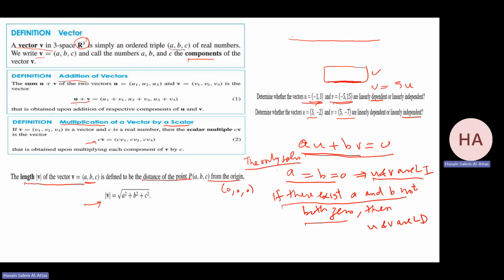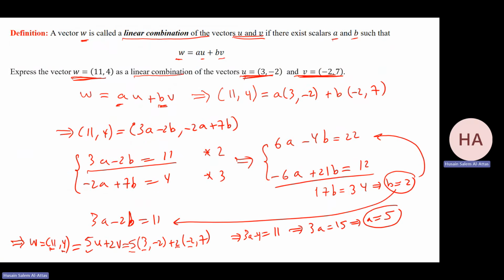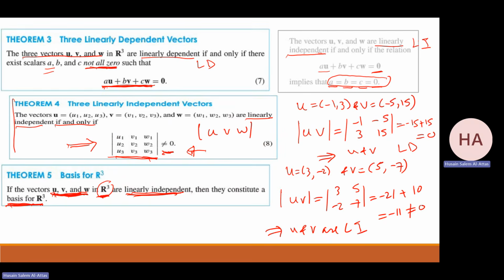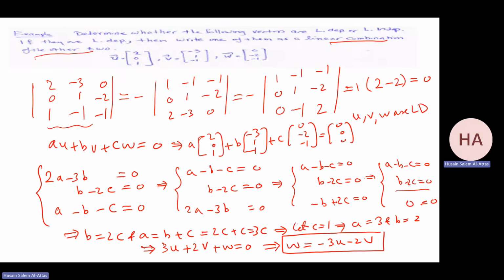And also we define what's called a linear combination. W is a linear combination of U and V if there exist scalars A and B such that AU plus BV is equal to W, and we did questions on how to express a vector as a linear combination of other vectors.